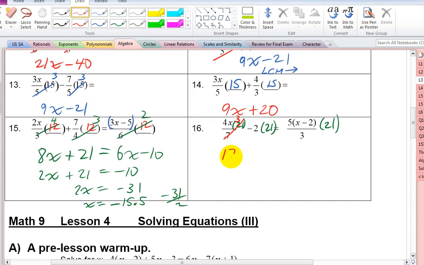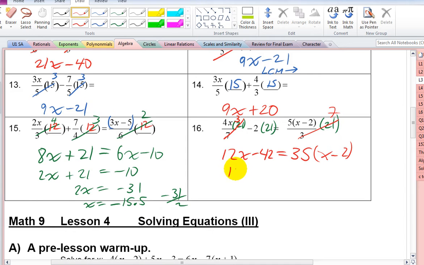So we got 12x minus 42 equals, this goes to 7, but what should we do with the 7 and the 5? Well, that's like 35. You can multiply them together. Then you can multiply them in.